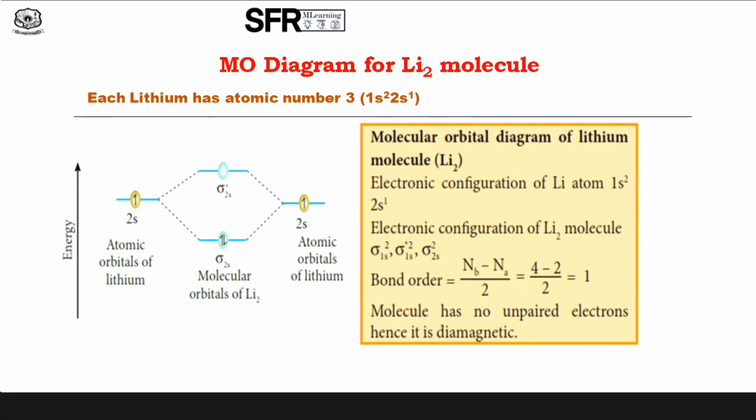So the bond order is (Nb minus Na) by 2, which is 2 minus 0 by 2, equal to 1. From this we conclude that between 2 lithium atoms there is only one covalent bond. This is the MO diagram for the lithium molecule, that is, the Li2 molecule.